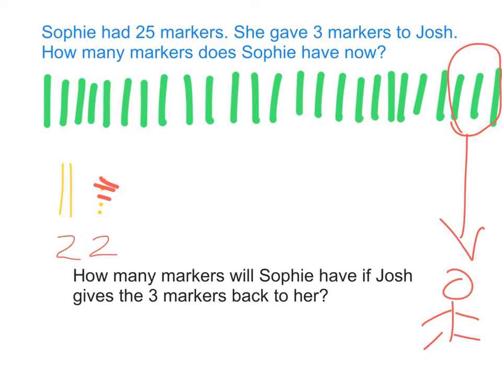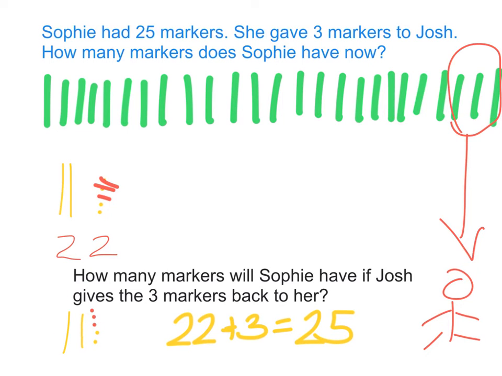So she had the 22 markers. Now Josh is going to give back these 3 markers. So what do we really have? We have the 22 markers that Sophie had, plus the 3 markers that Josh is giving back. And that leaves us with 25.